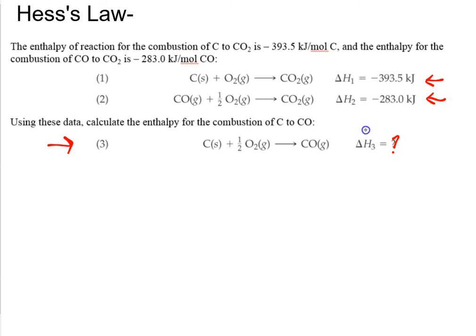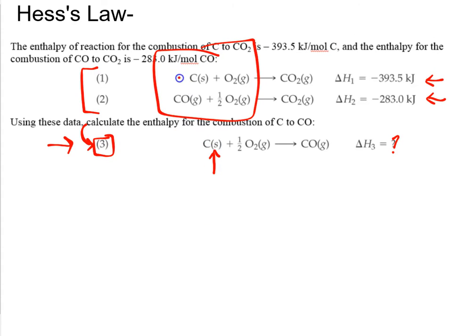So when we do these steps in Hess's law, we take the 2 or 3, it could be as many as we want, reactions, and we arrange them in a way that they produce the third reaction. You look at your overall reaction and say, in one of these two, do I have solid carbon on the left?